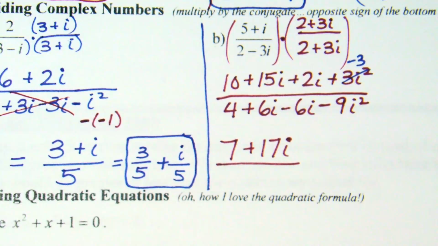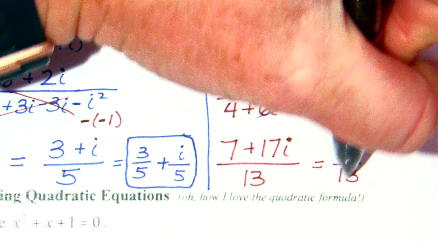How should I express my final answer here? 7/13 plus 17/13 i, or 17i over 13. The i, just like a variable x, can be written beside the fraction or with the numerator. The only thing you want to be careful of is don't let it look like it's just with the denominator, because that means something totally different. Okay?